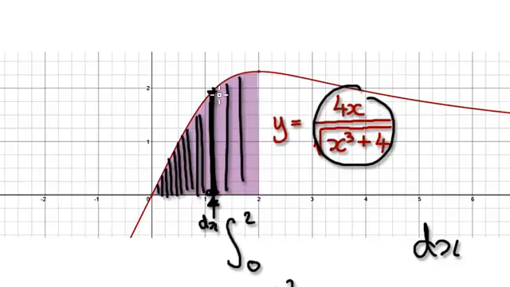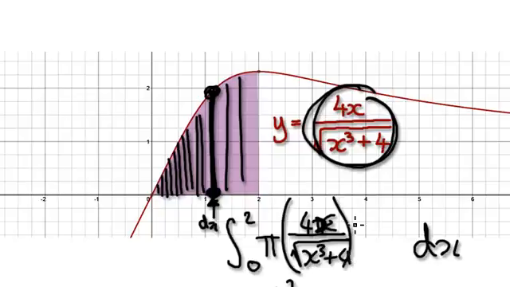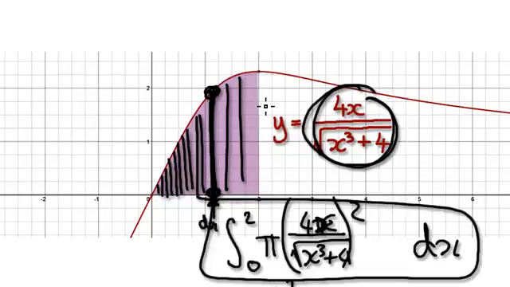As you revolve it, the area of the disk will be pi the height squared.